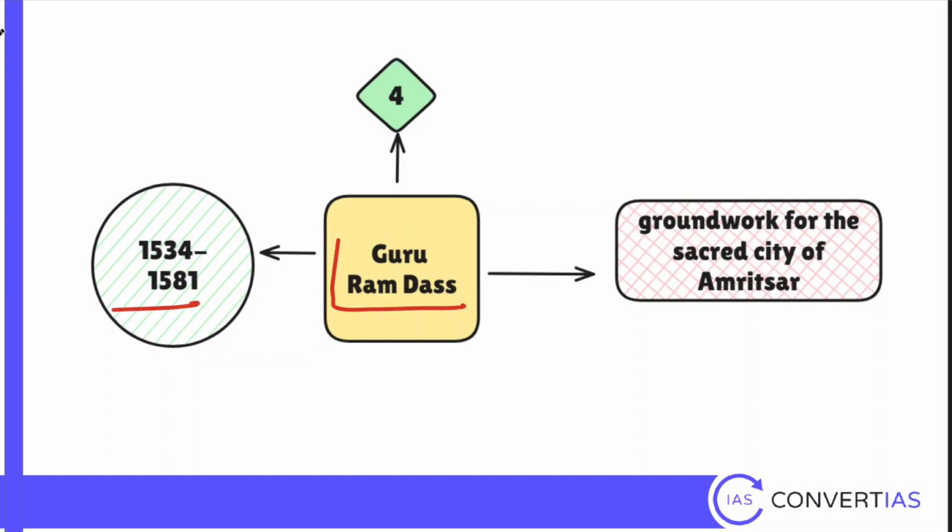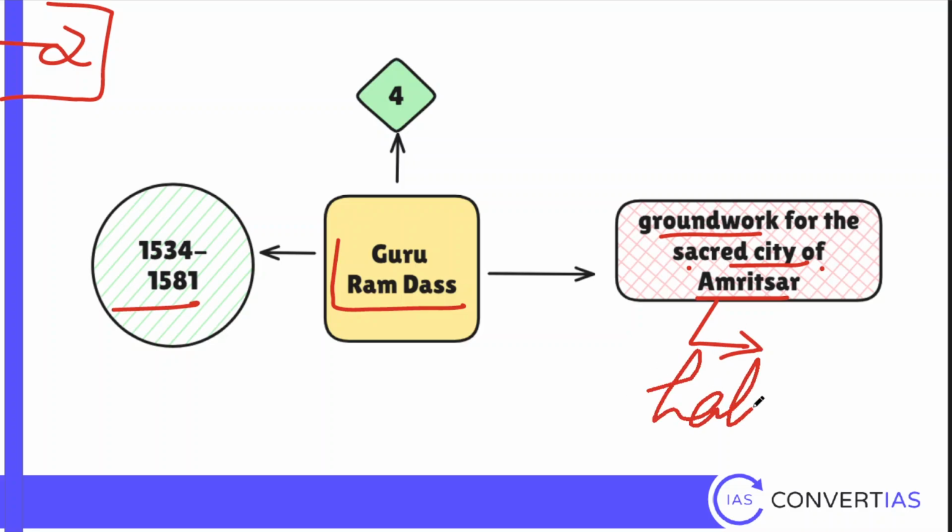So the first two Sikh Gurus were not Akbar's contemporaries. Guru Nanak was not a contemporary of Akbar. The third and fourth Sikh Gurus are contemporaries of Akbar. What he did was to do the groundwork for the sacred city of Amritsar. Now this city is important. Two cities are important in the history of Sikhs. One is Amritsar, second is Lahore.